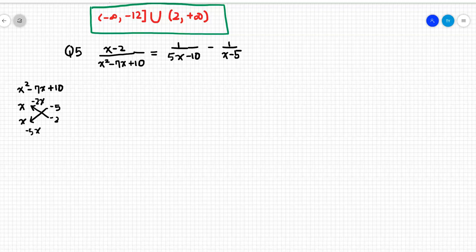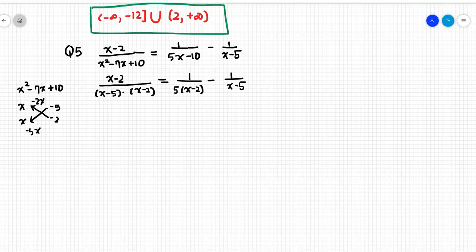So we can rewrite the left-hand side term as (x - 5)(x - 2), and at the same time the first term on the right, if you take out the common factor 5, becomes 5(x - 2), minus 1 over x - 5.